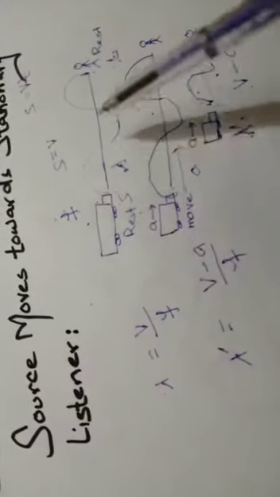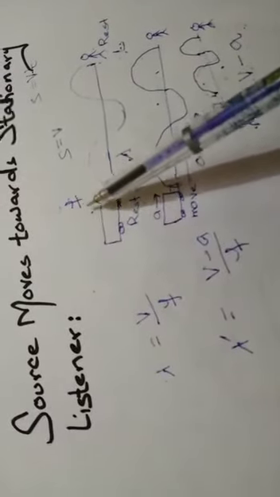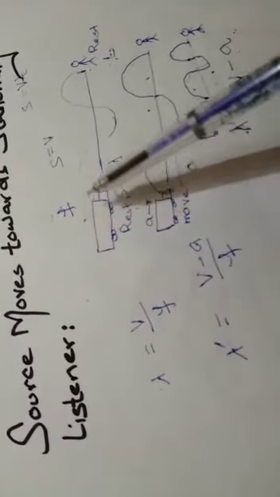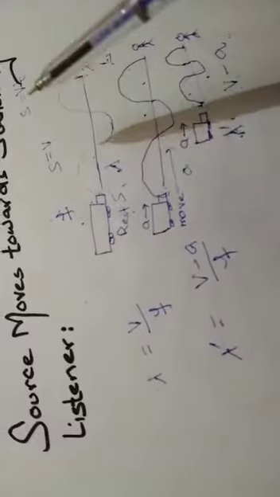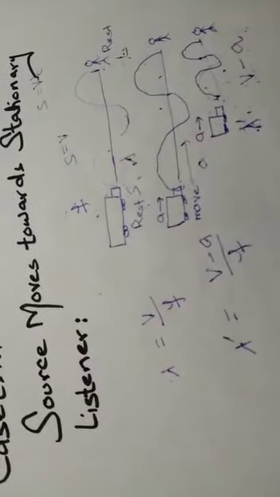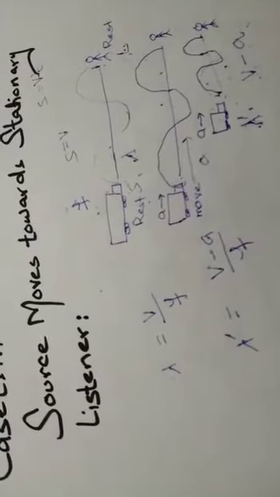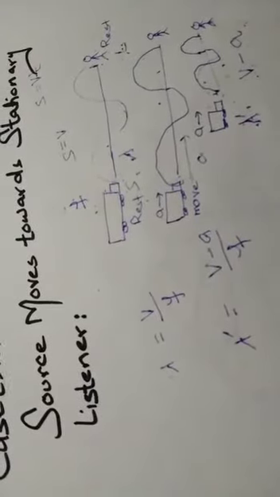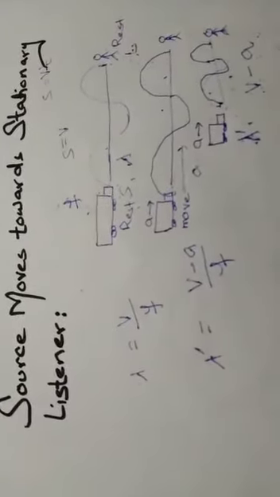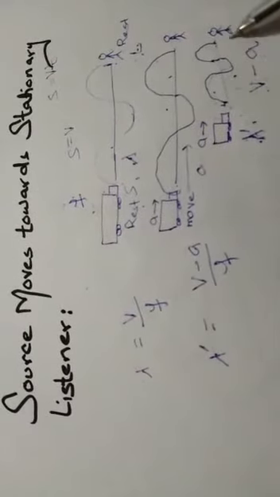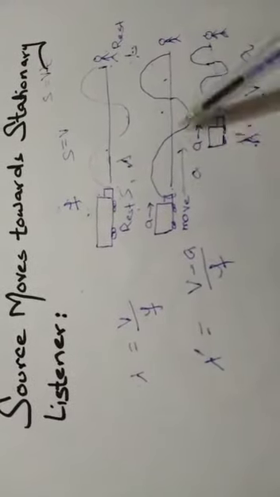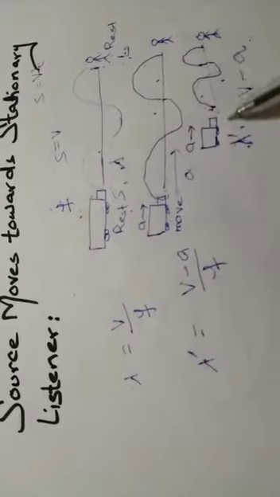This f is the frequency of the sound, meaning the number of the waves generated in 1 second, meaning the original frequency of the sounding source when it is in a state of rest. Now here there is a change of wavelength, meaning the waves are compressed in this region.